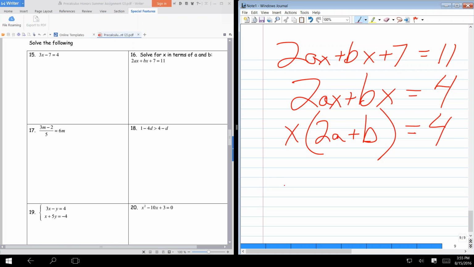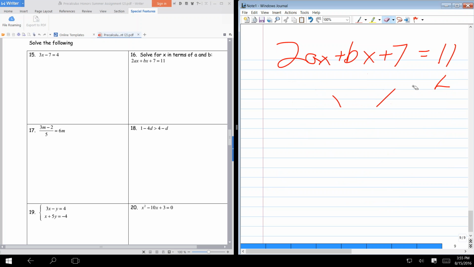So what's x equal to? 4 over 2a plus b. In other words, that coefficient doesn't have to be in front to be able to get rid of it. It's still just a coefficient. So the answer to a lot of problems that look like this is factoring. Factor a greatest common factor out.